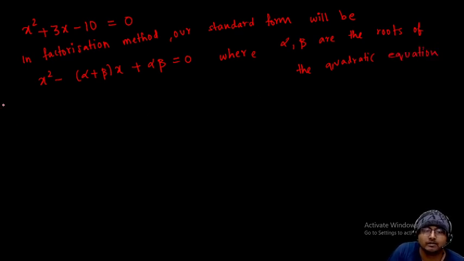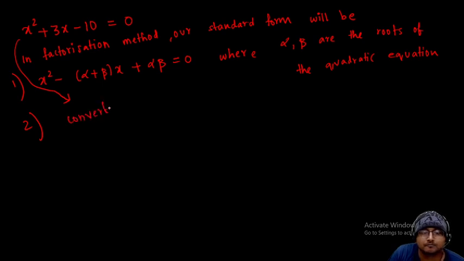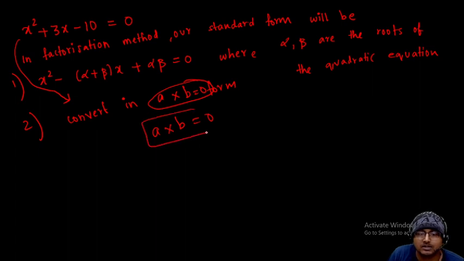Okay, either we will do this in this method, or we will convert it into a into b form, or a into b equal to 0 form. This form you have to conduct.